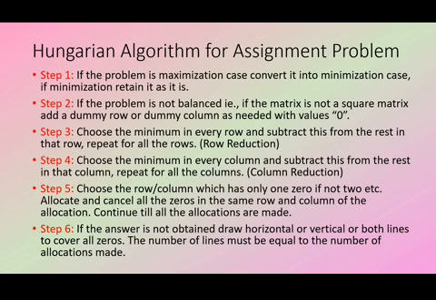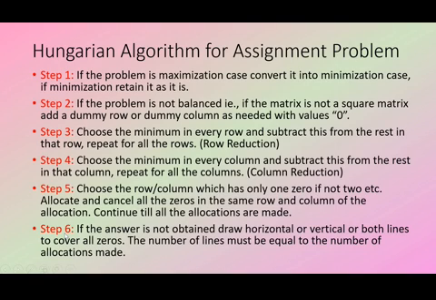If I had 4 workers and 4 jobs, how many allocations should I have? Obviously I need to have 4 allocations. When I performed the allocation step, I might not have got 4 allocations. I might have got only 3 allocations, and the remaining zeros might have got cancelled. That means I have not yet arrived at the answer.